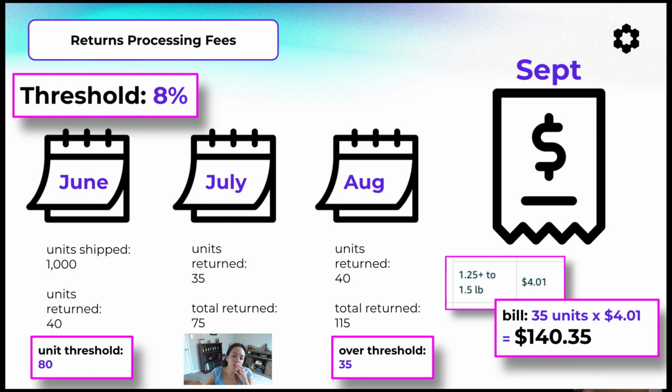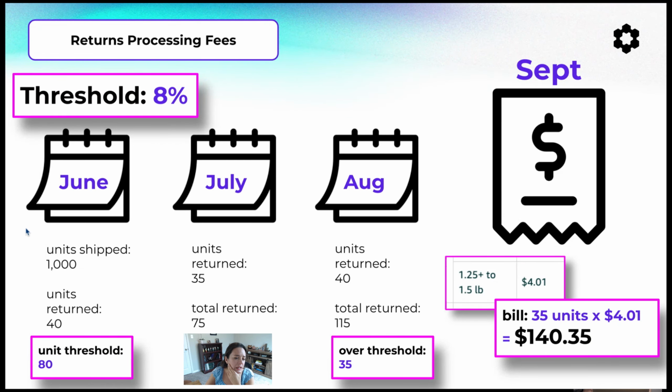They say most of your competitors' thresholds are below 8%. You're above 8%. That means you have to stay within that range, and if you go above that range, we're going to charge you extra fees.